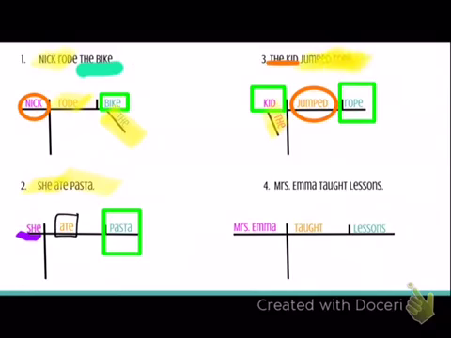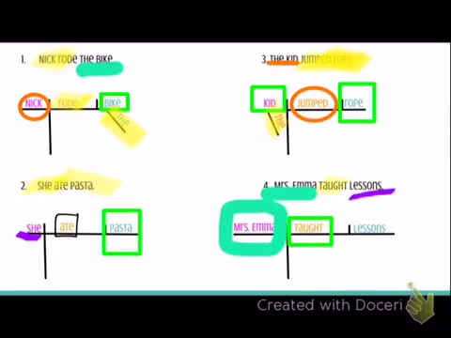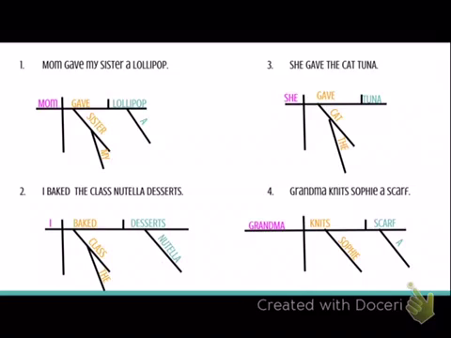Fourth, Miss Emma taught lessons. What's the verb? Taught. Who taught? Miss Emma. It's a subject. What was taught? The lessons. That's a direct object. Now, let's continue with indirect objects, sentence diagramming examples.